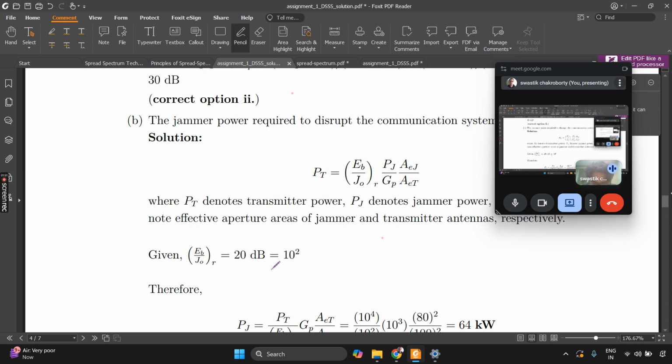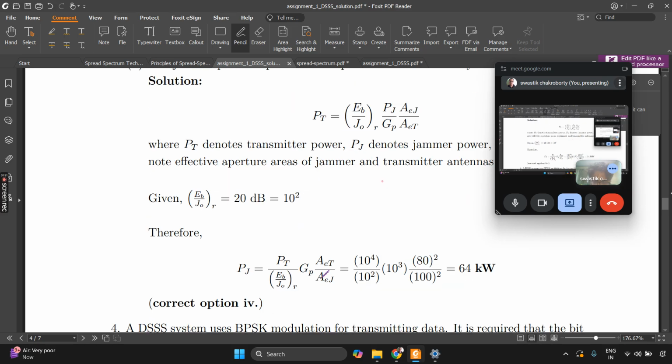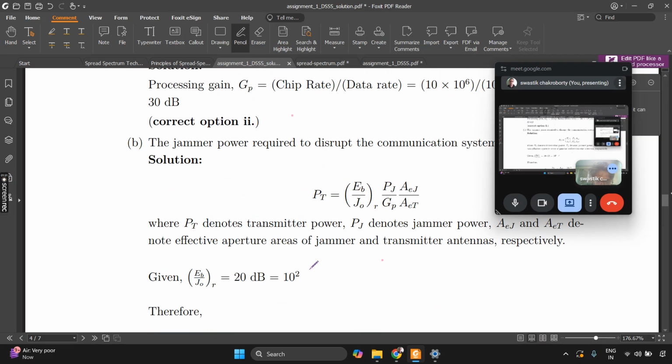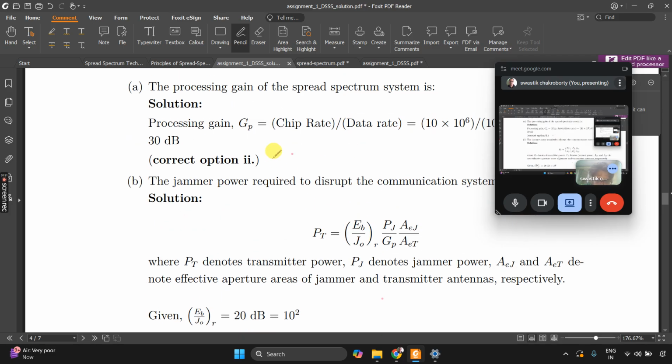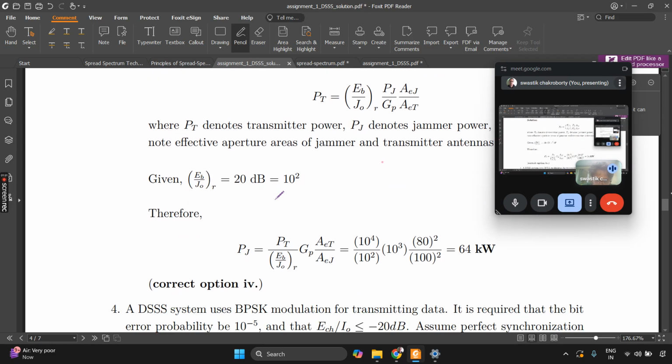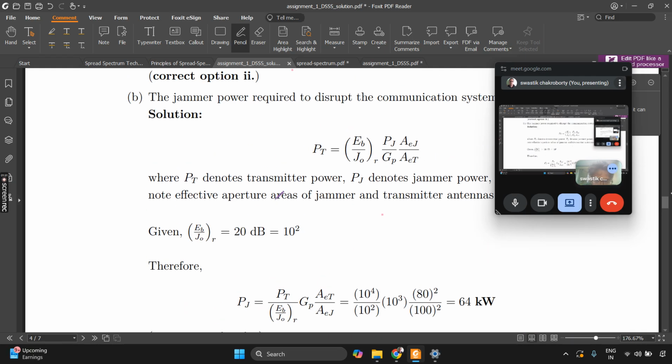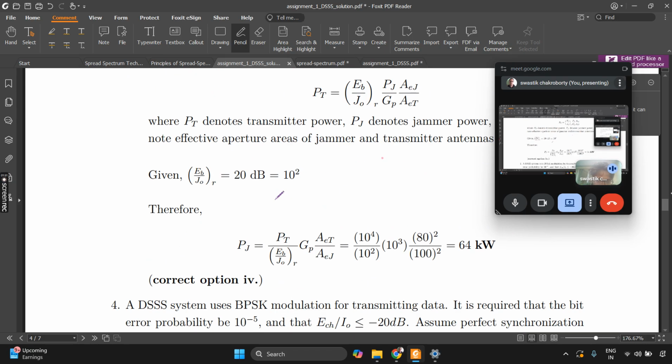The power of the jammer is then basically the transmit power times the jamming margin, over the processing gain Gp, which is 10 to the 3, into the aperture areas, which are 80 and 100 feet, so 80 squared by 100 squared. If you simplify, you will get 64 kilowatts. So 64 kilowatt power is required to jam the signal.